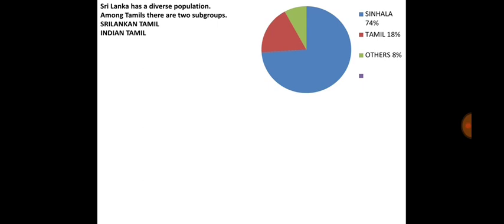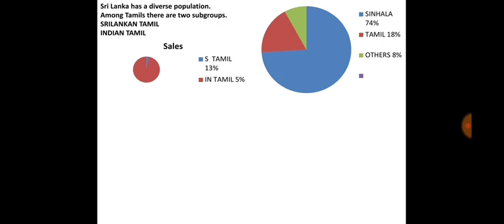If you see the ethnic configuration in Sri Lanka, 74% are Sinhalas, 18% are Tamil, and 8% are other communities like Muslims and Christians. If you see the next diagram.